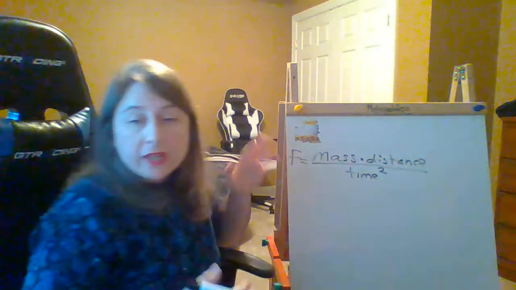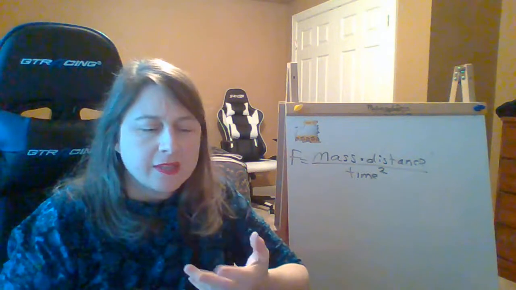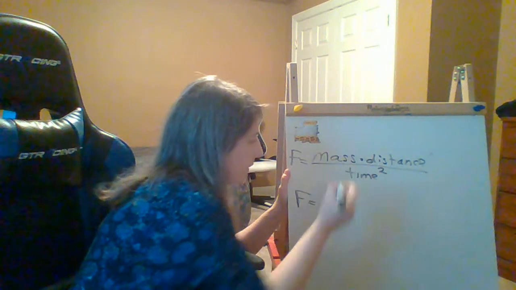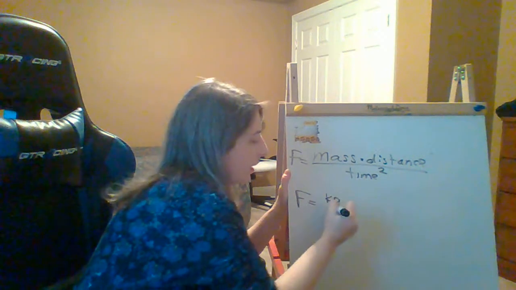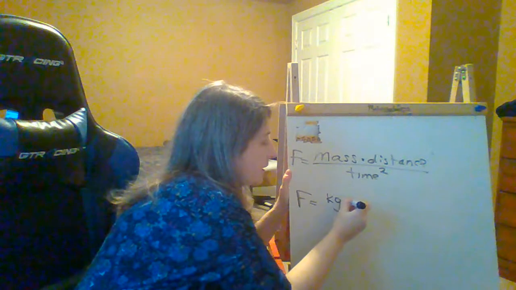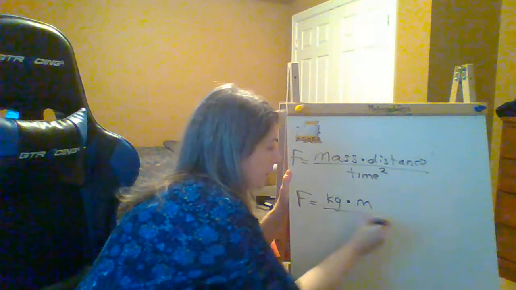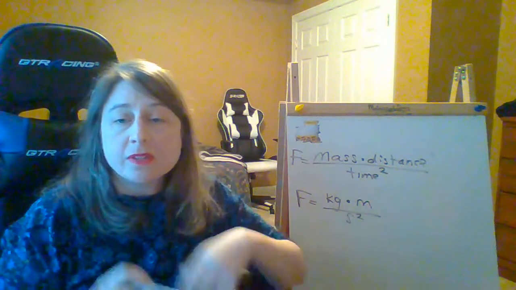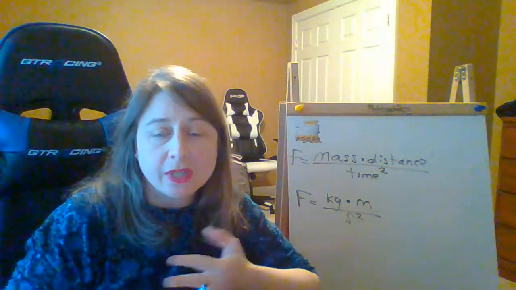Right. So in metric units, SI units, a force would be a mass unit, so it's a kilogram in standard metric units, times a distance, that'll be a meter, divided by a time squared, so we'll go with seconds squared in this case. So standard metric units, a force is a kilogram meter per second squared.